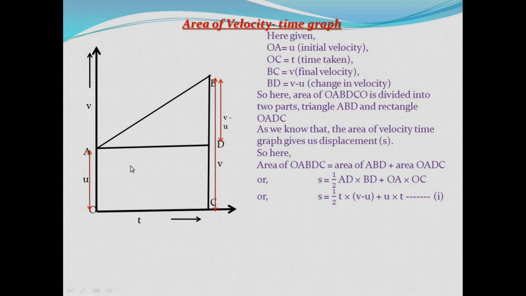After putting the values, we get the equation 1, that is s equals half t multiplied by v minus u plus u multiplied by t.